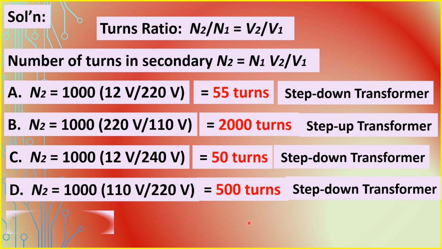So the answer is B, has the greatest value for N2, followed by transformer D, which has 500 turns, and then by transformer A, which has 55 turns, and the smallest is transformer C, which has only 50 turns.